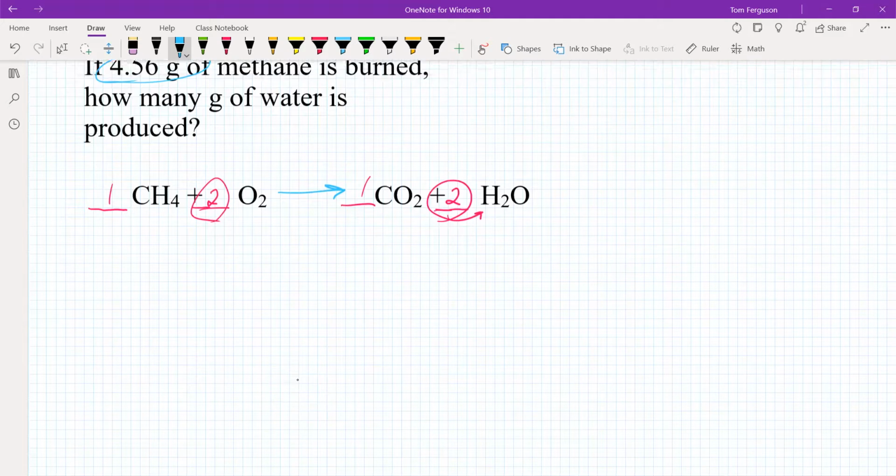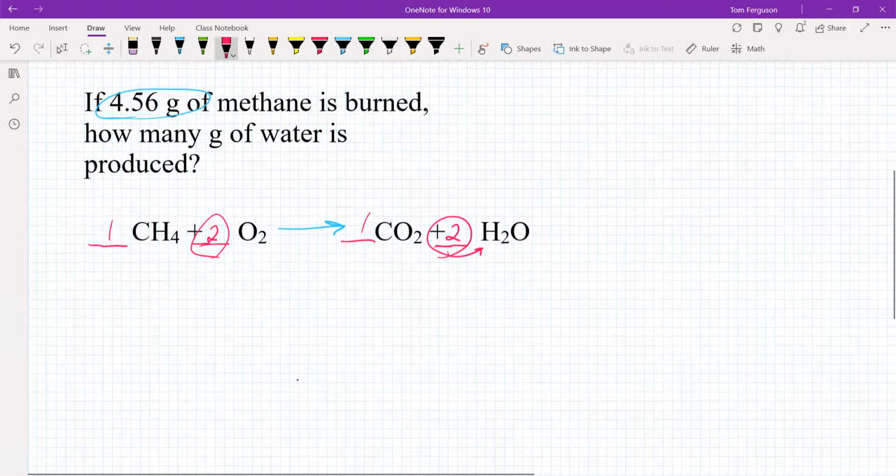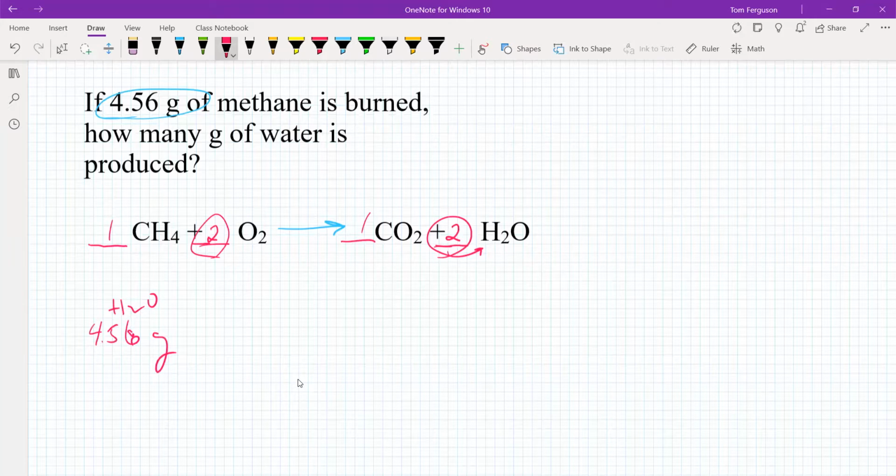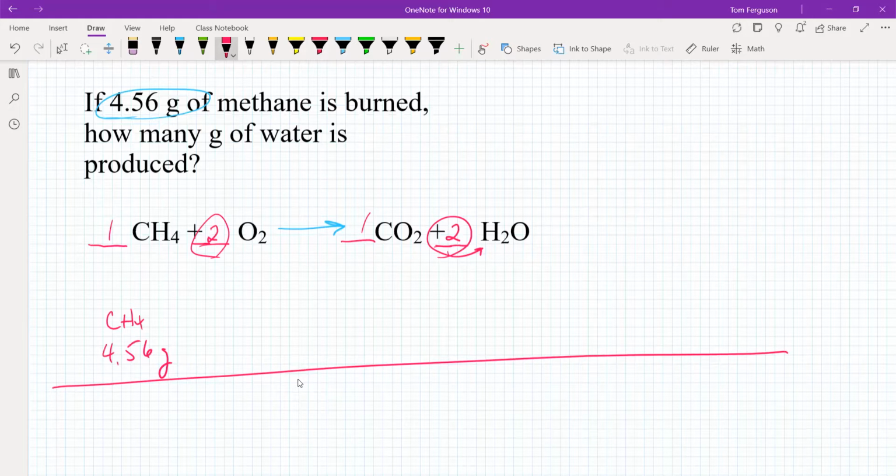Step number 2 is what's given. 4.56 grams of methane is given. What do we want to calculate? Grams of water.